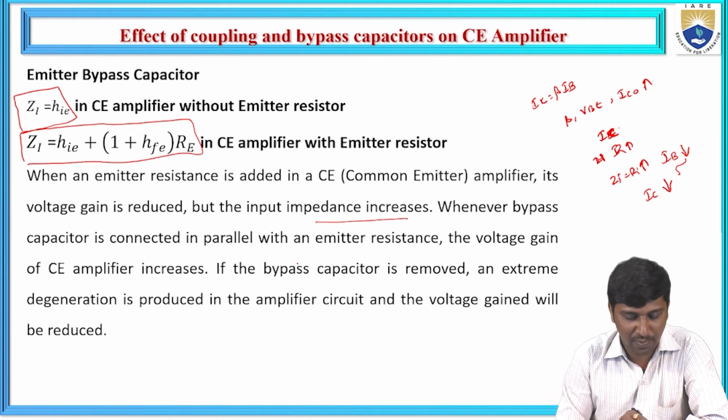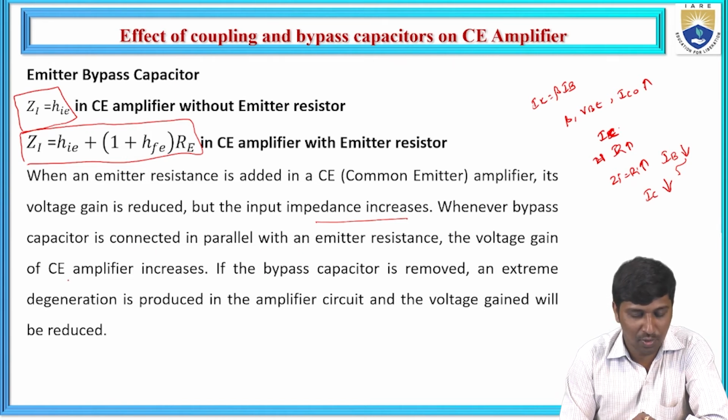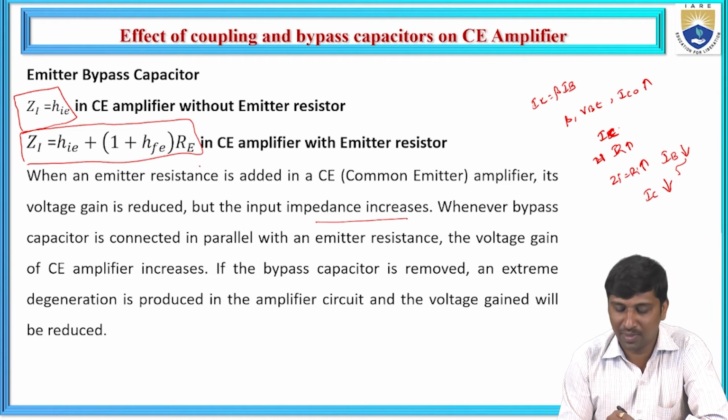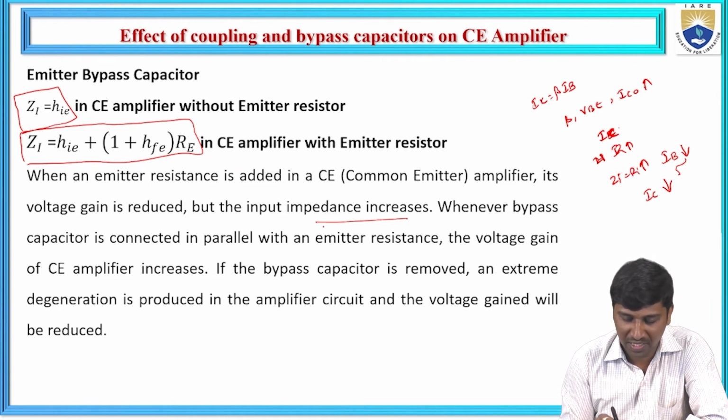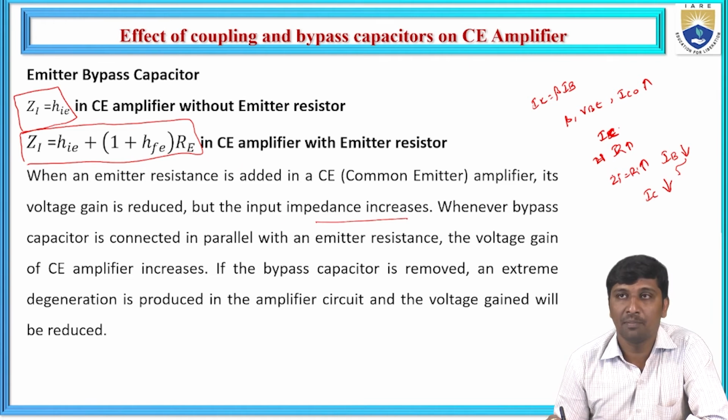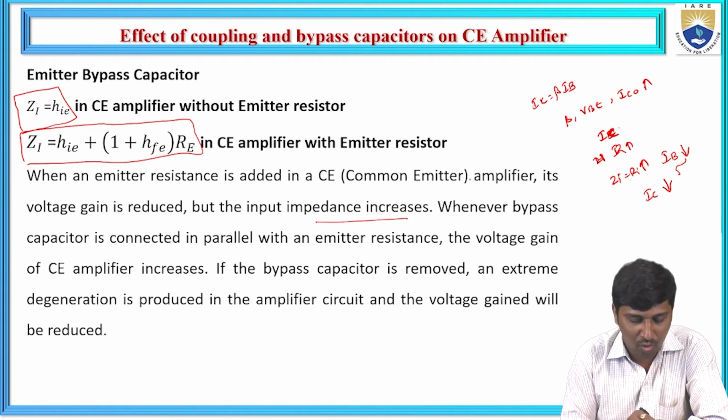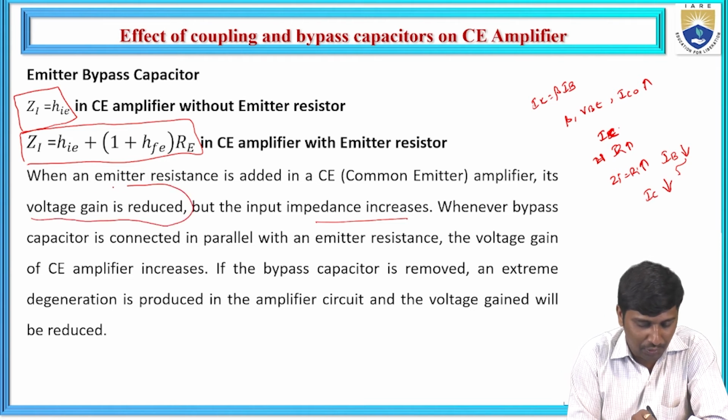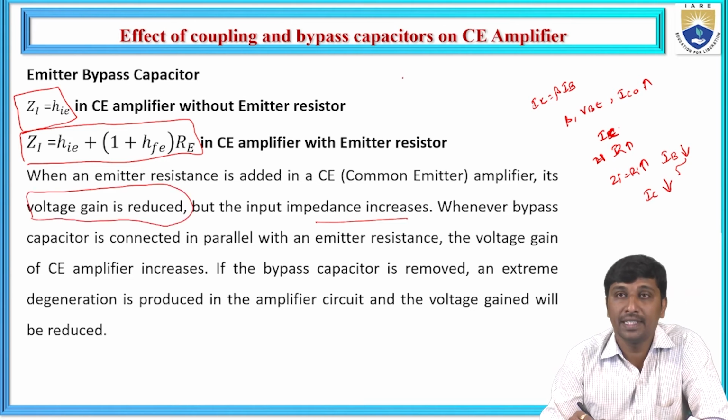Whenever the bypass capacitor is connected in parallel with the emitter resistance, what happens? While adding the emitter resistance, we are compensating the collector current, but the drawback is that the voltage gain is reduced, which means the amplification factor is reduced.